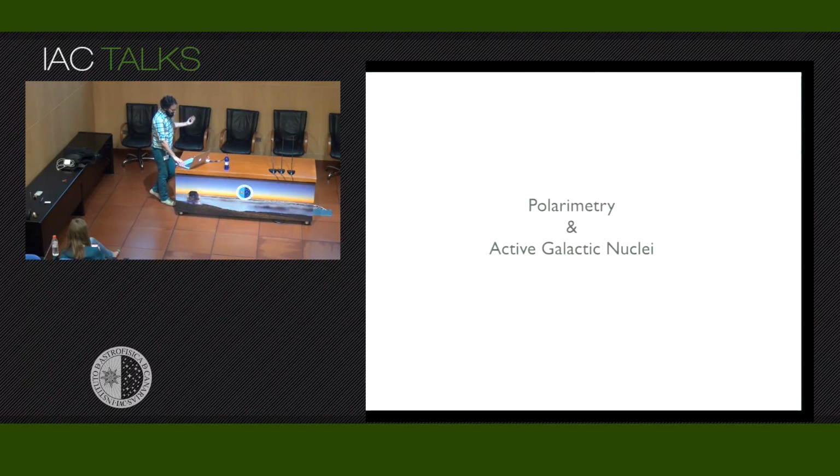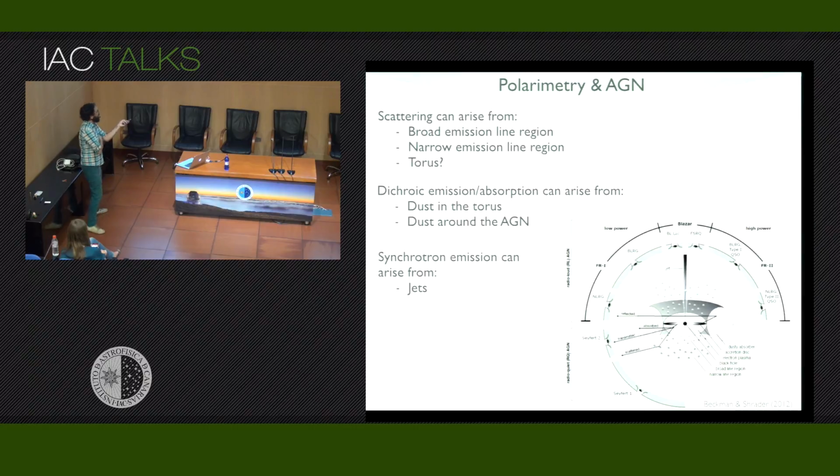So let's go to polarimetry in AGN and see how polarimetry can be used to study AGN. One of the most important mechanisms of polarization is scattering, which can arise from the broad emission line region, the closest region to the central engine, with material of high velocity dispersion producing broad emission lines that scatter the light.